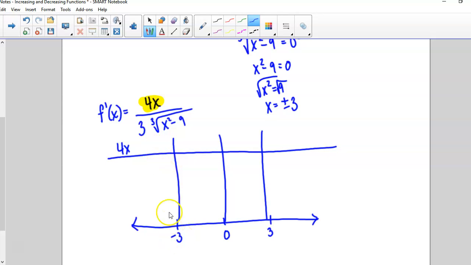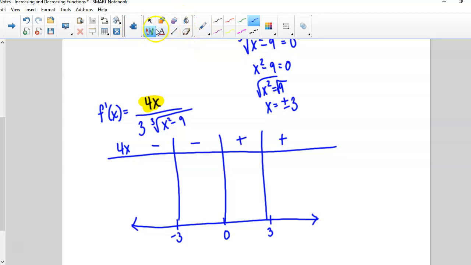If I think of plugging in a number below negative 3, that's negative 4, that'll be negative. A number between negative 3 and 0 still gives me a negative number. From 0 to 3, if I plug in 1, that gives me a positive. Plug in a number bigger than 3, that gives me a positive. The reason I do it this way is because it's a lot easier to plug those numbers in your head than plugging in all of it.